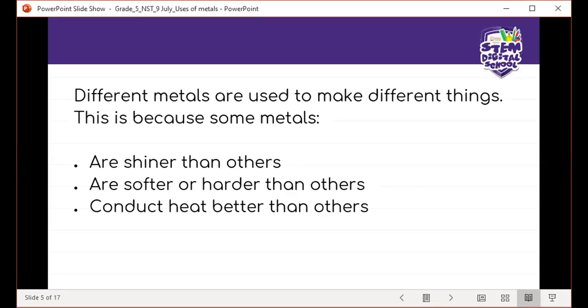Some metals conduct heat better than others. And other metals are magnetic while other metals are not magnetic. So just to test your memory, which three metals are magnetic? Raise your hand, or write your answer in the group chat.